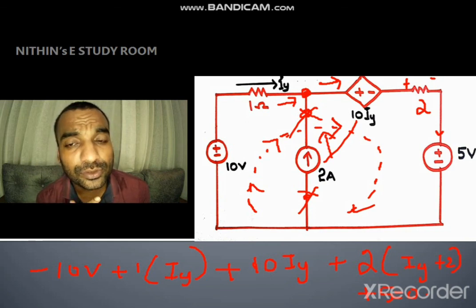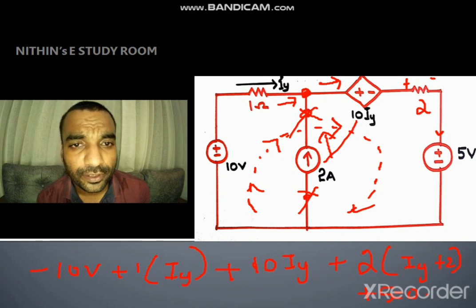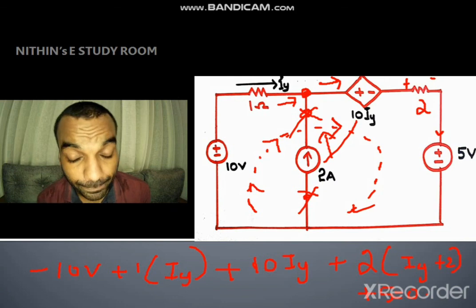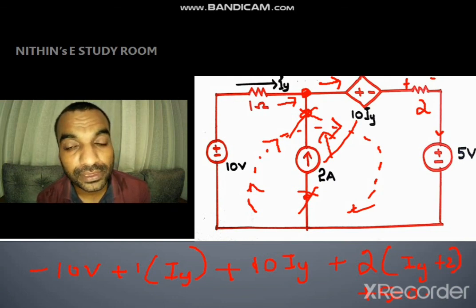This may not be the case in all problems. In many of the problems, the superposition theorem will help you very well in reducing the complexity of analysis. Also, in the exam, problems with dependent sources may come. There is a high probability for such problems. In the last years also, many problems came with dependent sources.